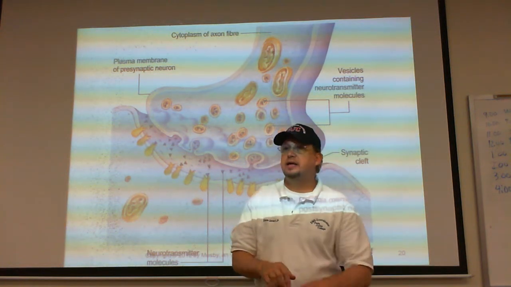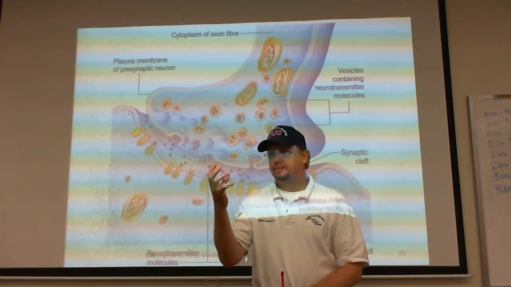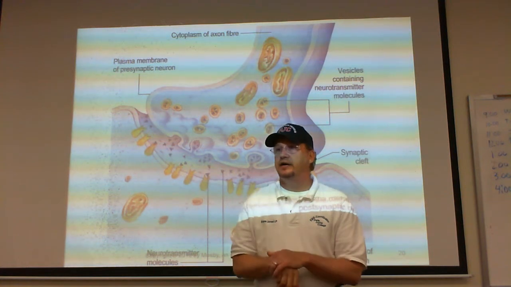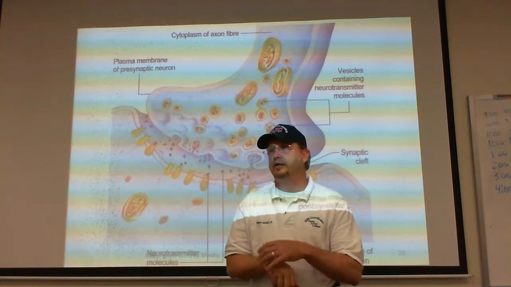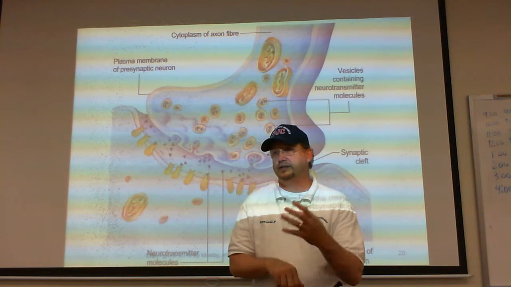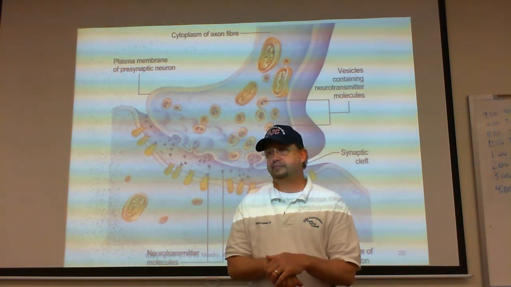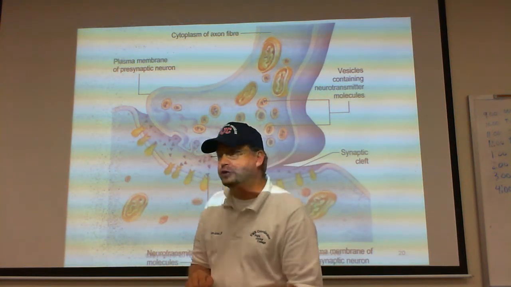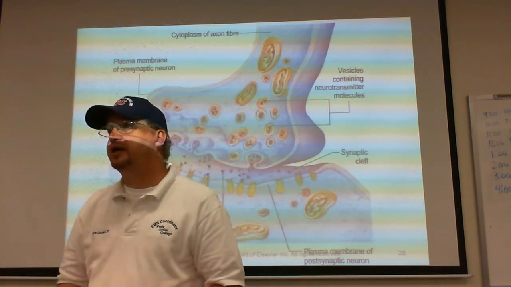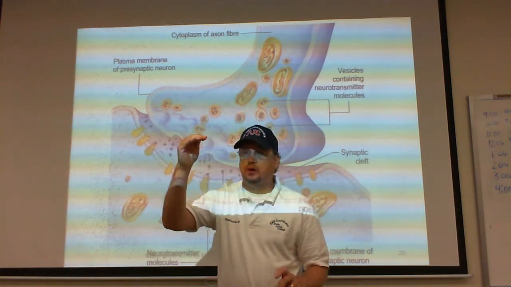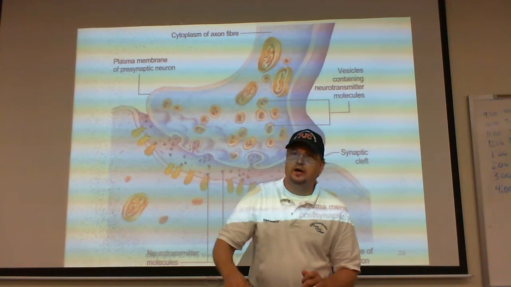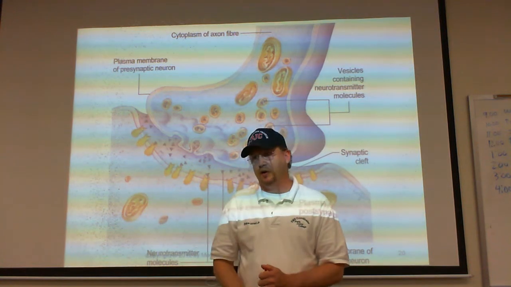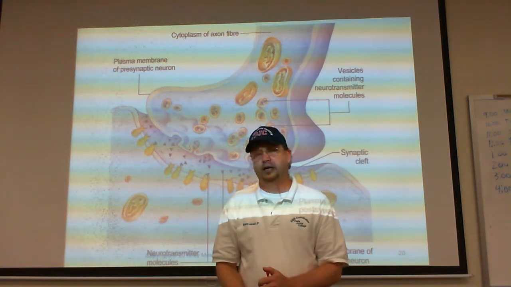So if you increase that, it contracts more strongly. If you decrease inotropy, it contracts with less strength. Dromotropy is conduction velocity, how fast the impulse travels through the nervous system, in this case of the heart. Any other questions on that?